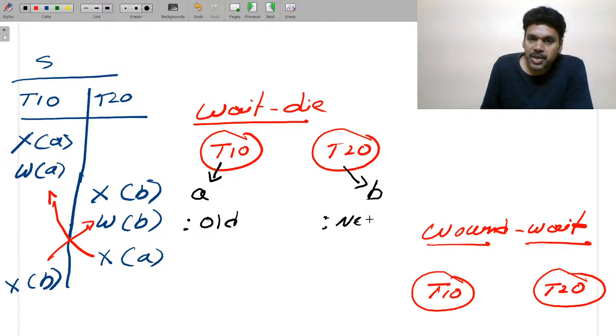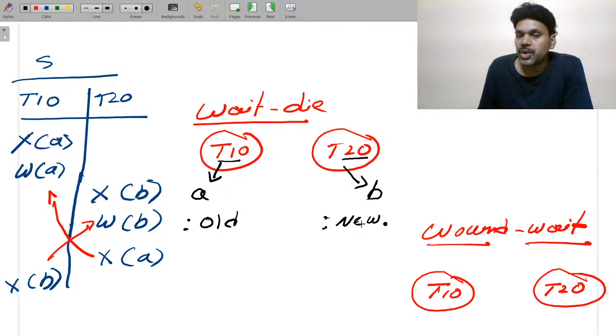This is the new transaction. Why am I saying this is old and this is new? Because its timestamp is lesser than this timestamp. T10's timestamp is lesser than T20's timestamp. Therefore, T10 is older and T20 is newer. So there is a cycle.